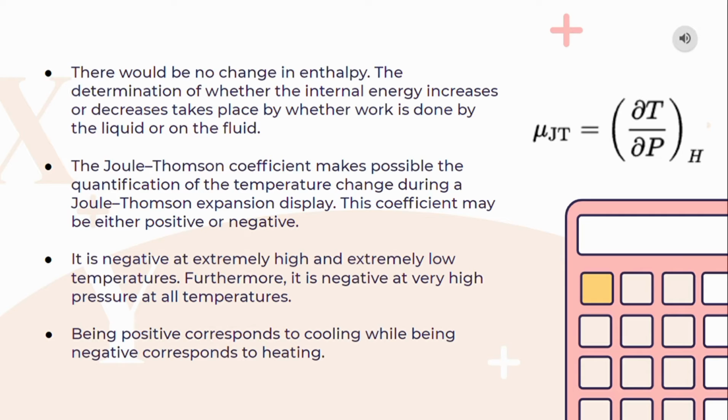Furthermore, it is negative at very high pressure at all temperatures. Moreover, being positive corresponds to cooling, while being negative corresponds to heating. So the Joule-Thomson effect formula is as below.